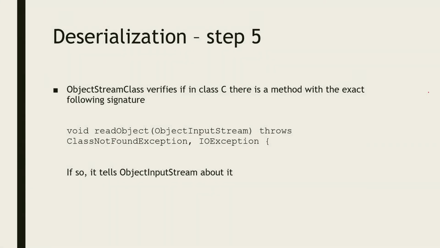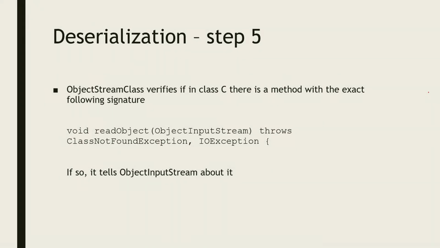While it is doing that, it is looking for a function called readObject. Why? Because possibly the developer has implemented this custom readObject implementation, which we have been talking about. So this is the moment, right? We are in step 5 of the deserialization process, and here it is looking at, is there a custom readObject implemented?